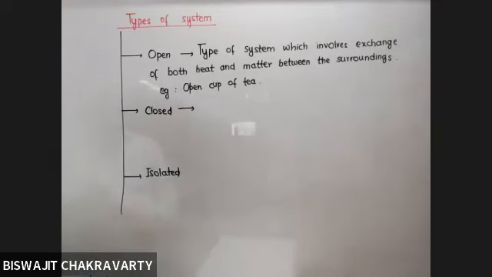Closed system. So what will be an example of closed system? For a closed system, I will keep the tea in a covered cup. Suppose the same open tea cup, if you just cover it up with some lid.